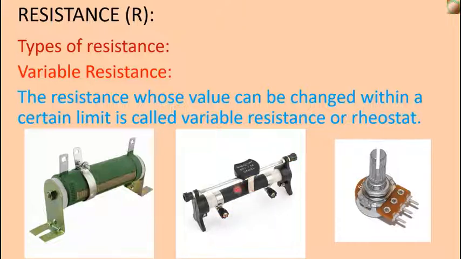Then if we move this part, the resistance will change, and we can change the resistance from here to here. Therefore, we can change the resistance within a certain limit. Here also, by rotating this part, we can change the resistance. These are the variable resistances.